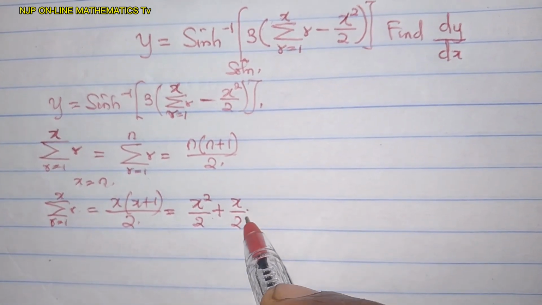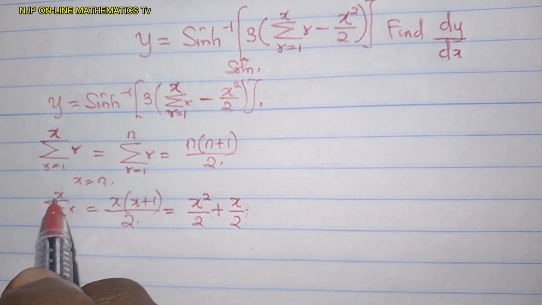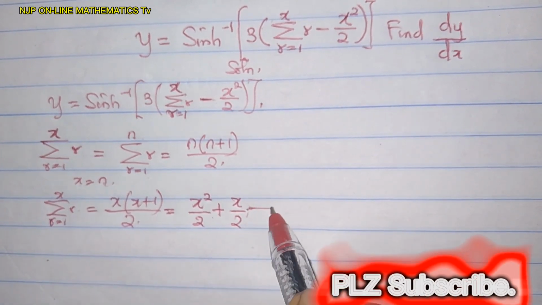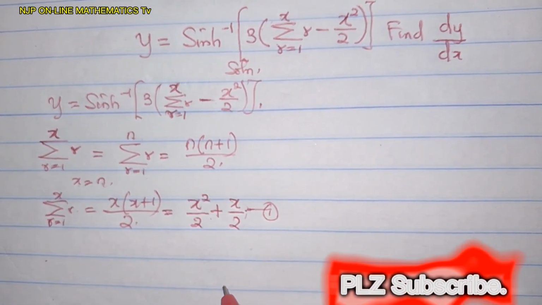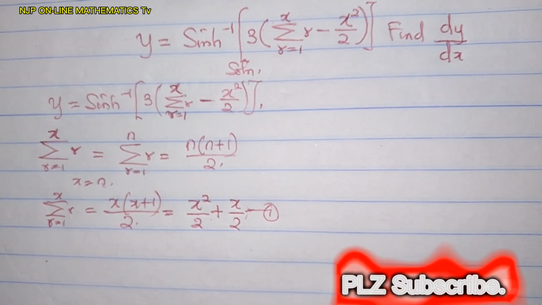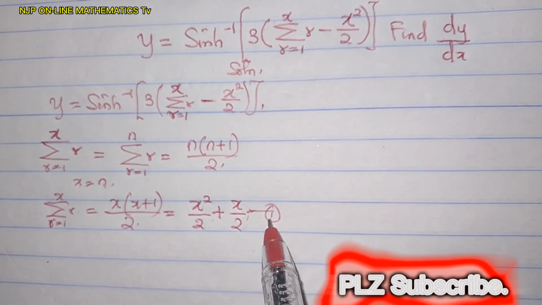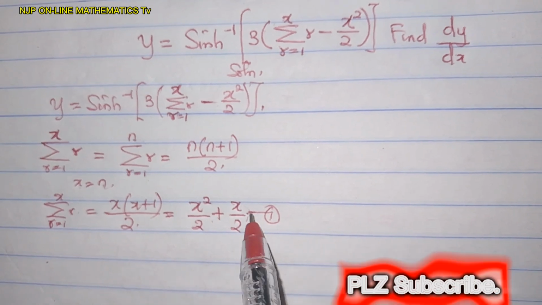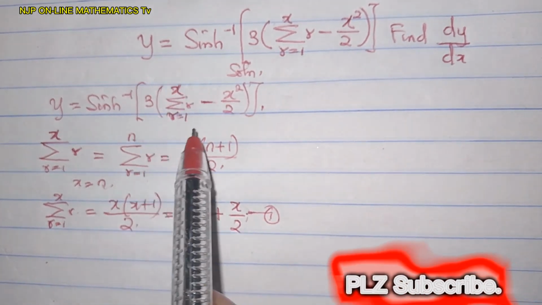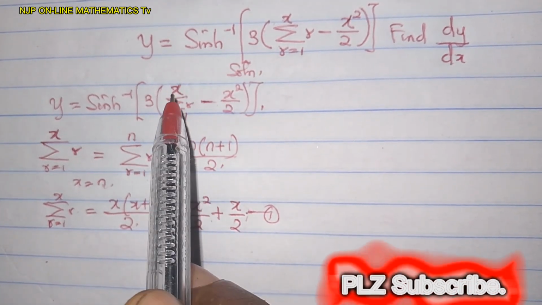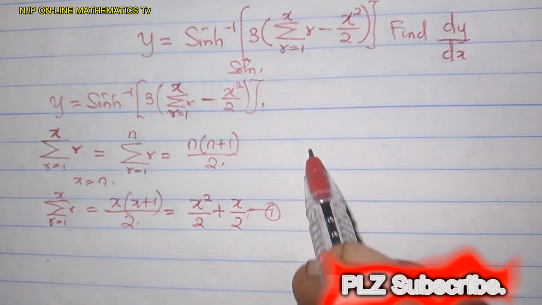So we can substitute the whole of this into this problem. We consider this as the first condition for simplifying this problem here. Since we have obtained this, we substitute it back into the equation.